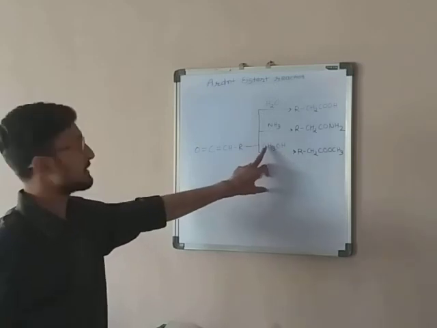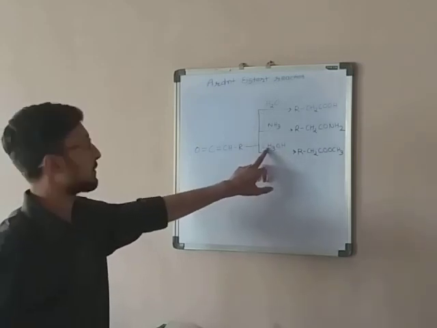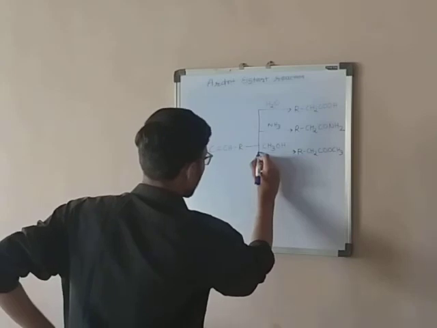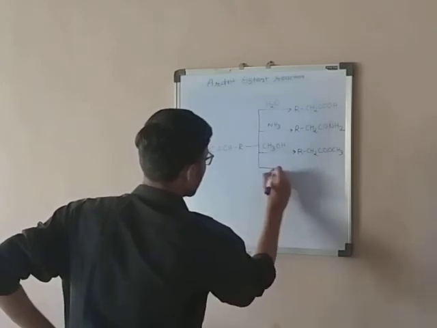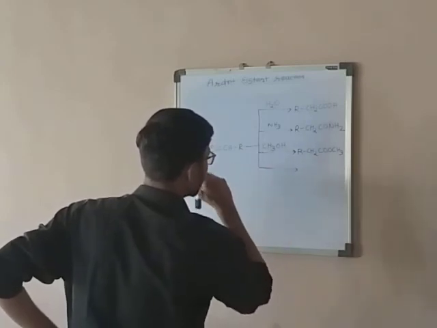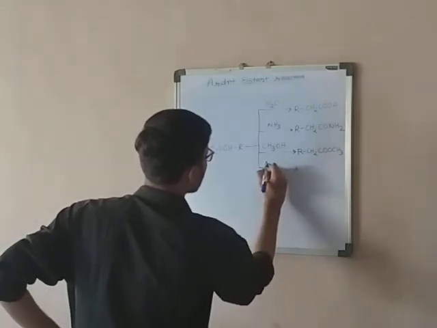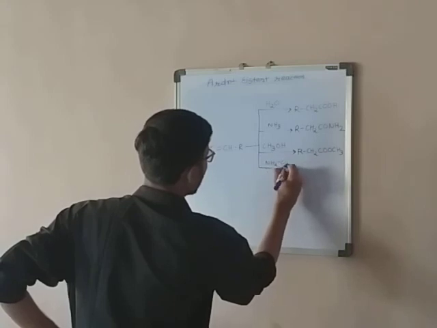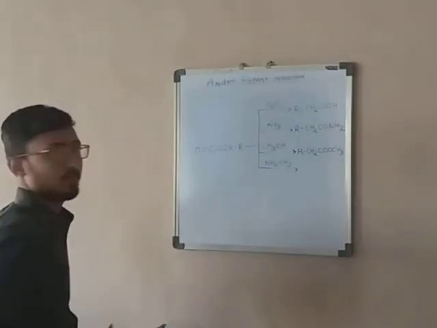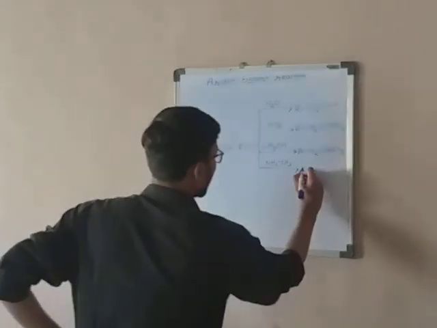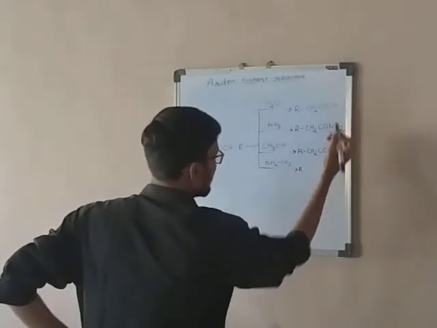But in this case, we are using methanol as a solvent. Another solvent we can use is methylamine, right? We can also use methylamine as a solvent, and that will yield substituted amides.